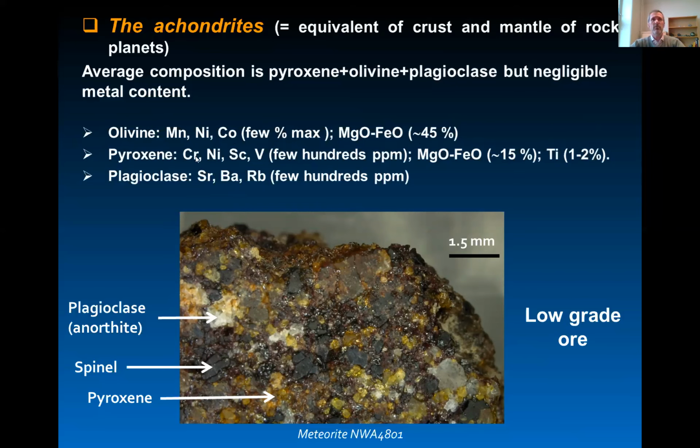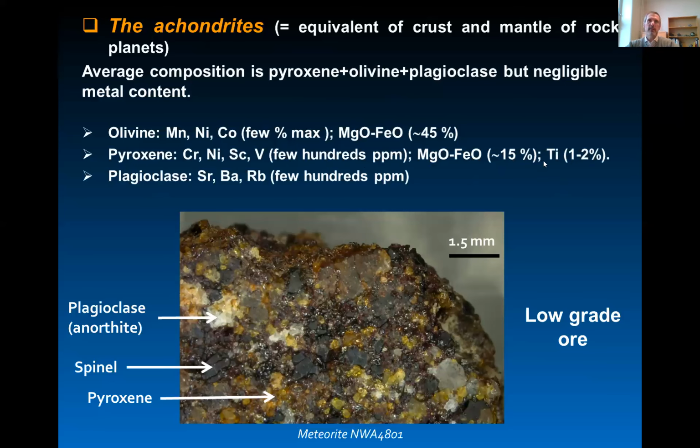Pyroxene contains chromium, nickel, scandium, and vanadium in a few hundreds of parts per million, or ppm. That's about 100 times smaller than a microgram. In pyroxene, we have about 15% of iron and magnesium in terms of composition. We have about 1 to 2% of titanium.